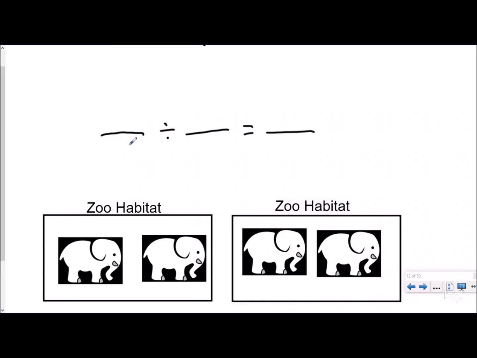My first number is my dividend. What was being split up? Well, my elephants were. And my elephants were being split into 2 groups, my zoo habitats. So I'm going to label this as my zoo habitats. And then obviously my question would be, how many elephants were in each habitat?